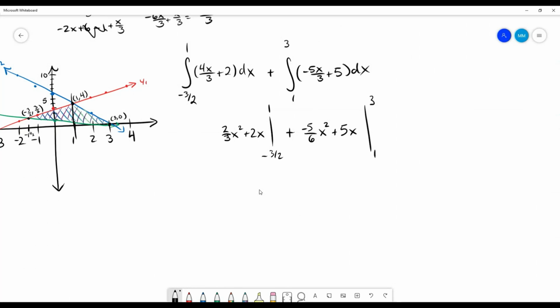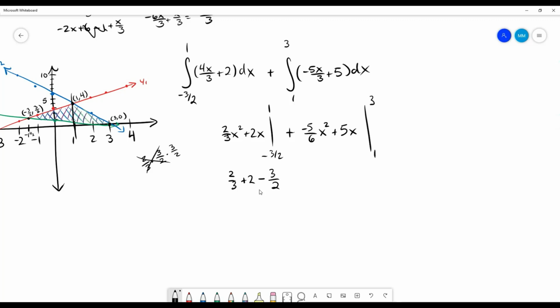And we plug in those bounds. Plug in a 1, I'm going to get 2/3 plus 2, and then plug in our lower bound. I'm subtracting 2/3 times -3/2 squared, which is going to be positive. I'm just going to write this because that cancels and we're just left with that 3/2.